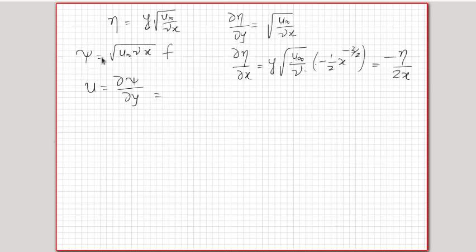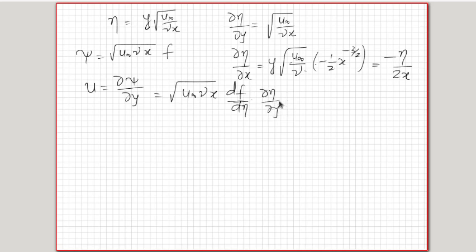So if I do this, then if I write ∂ψ/∂y, okay, so what will I get? This is solely a function of x, and therefore this will stay as it is, square root of u∞ ν x, and this f is a function of η, so I can write it as df/dη, because f is a function only of η, and then I'll write ∂η/∂y.